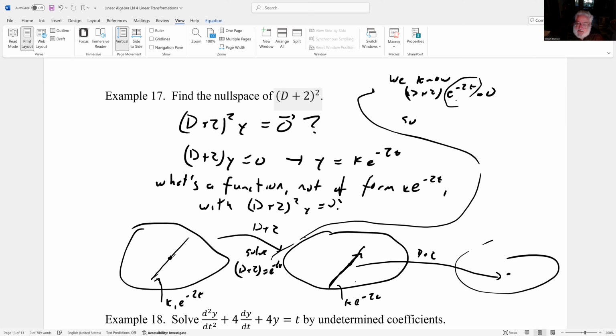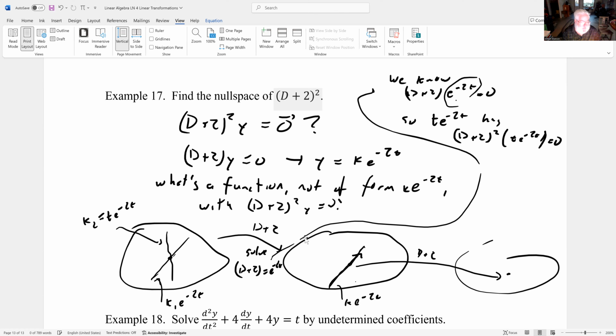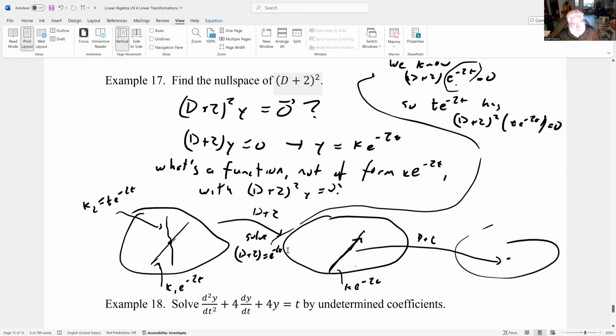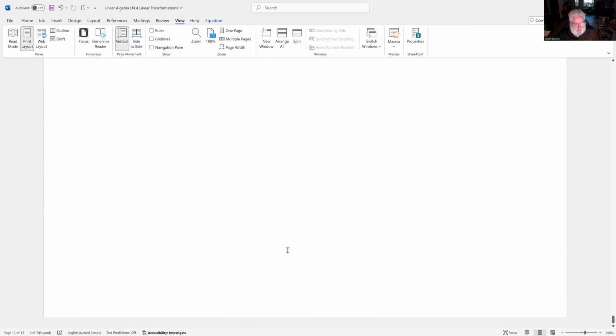So if we multiply by t, same thing as we did above, we get that equal to 0. So we have another vector out here, k2 t e to the minus 2t. And so that gives us our two-dimensional space that solves that. And that explains where the t comes from.